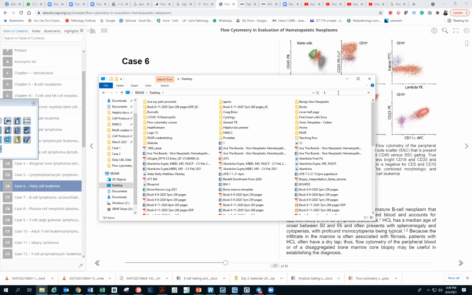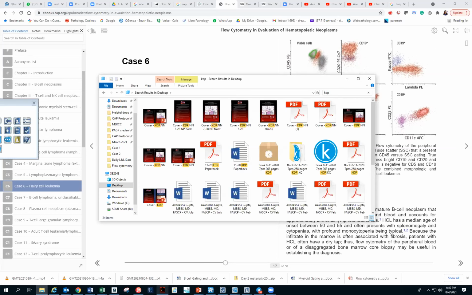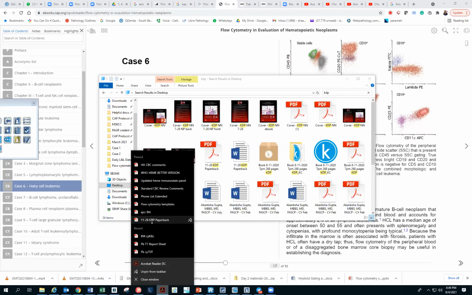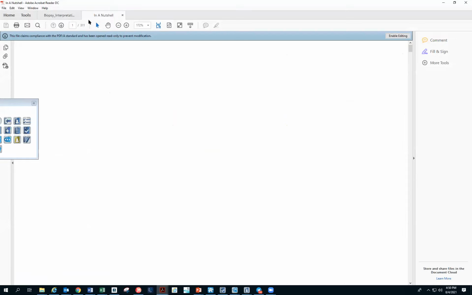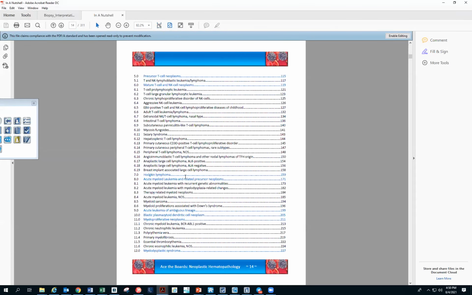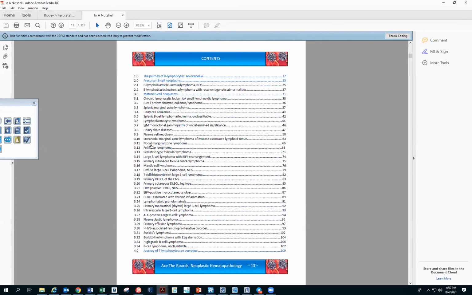Okay. Actually, I should go here. Let's see if we can quickly go over that, because that will be relevant in this particular scenario. Large B cell, follicular, hairy cell. Okay.